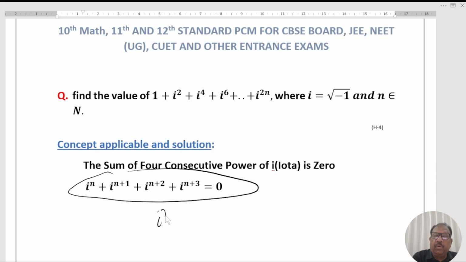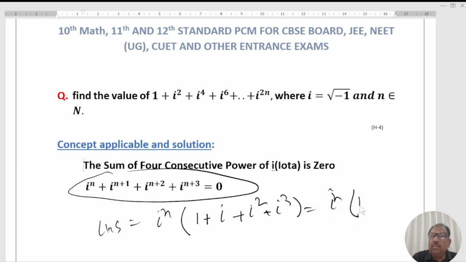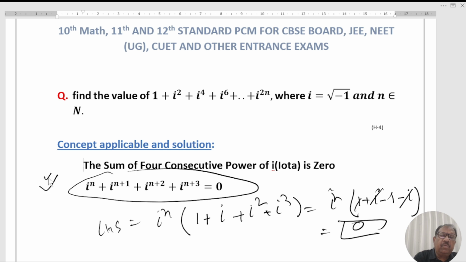If we take iota to the power n common on the left hand side, we get 1 plus iota plus iota square plus iota cube. Iota to the power n times 1 plus iota minus 1 minus iota. All these cancel and we get the answer 0. This property is very, very useful.